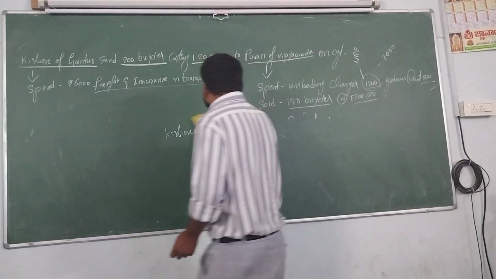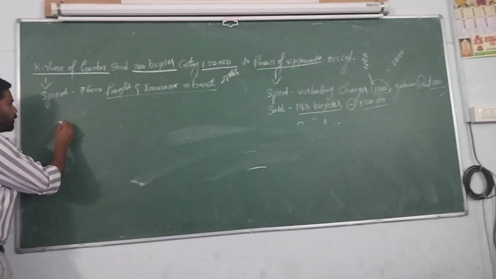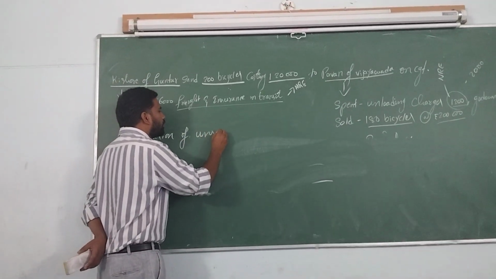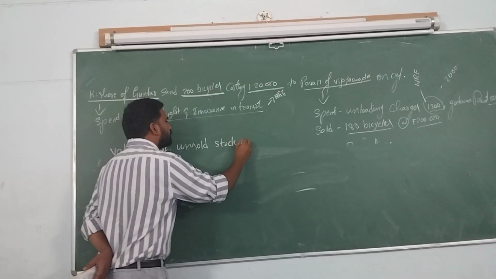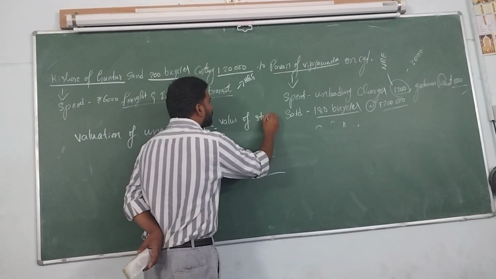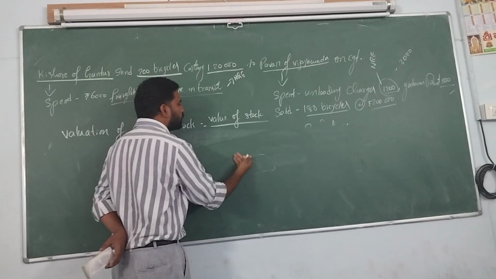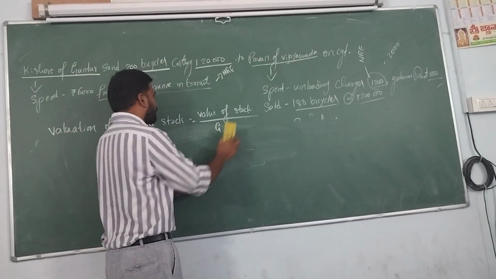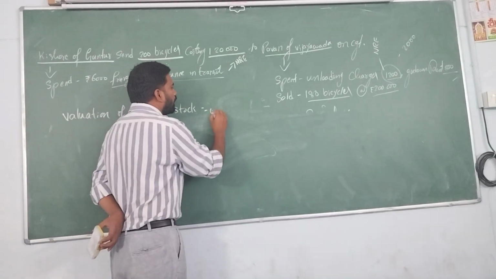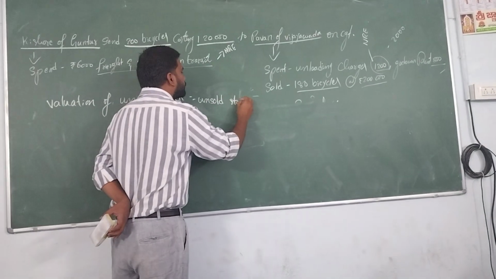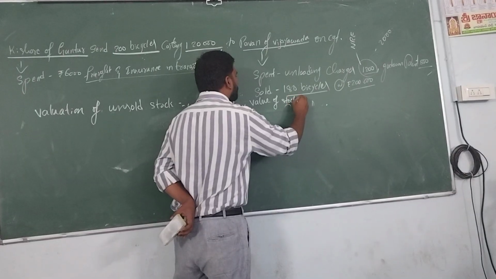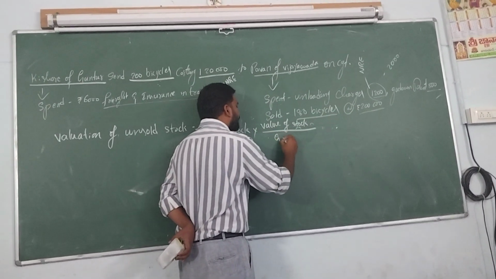So there is a formula for the valuation of unsold stock. Valuation of unsold stock equals unsold stock into value of stock divided by goods sent on consignment.